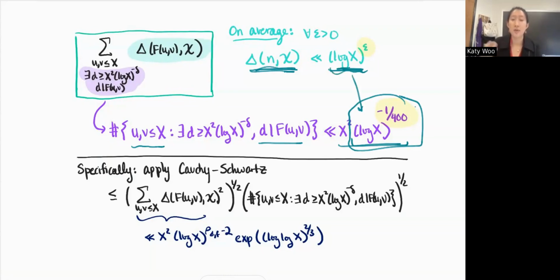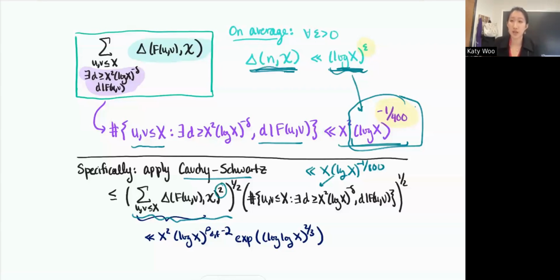So more specifically, what's happening? We're going to apply the Cauchy-Schwarz inequality, and we can see on the right-hand side, this sum is bounded by x times log x to the negative 1 over 800. On the other hand, on this side over here, we're looking at the sum of u and v up to x of delta of f of uv, chi, but now there's a square because we applied the Cauchy-Schwarz inequality.